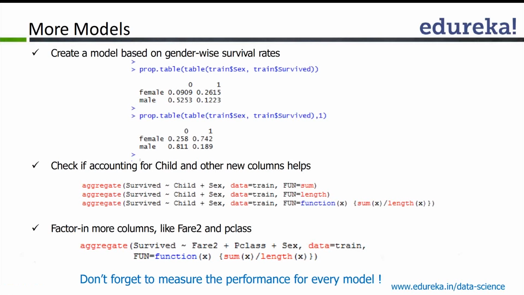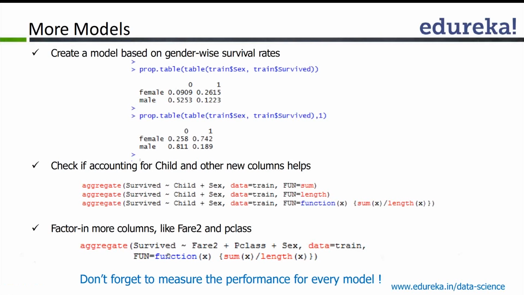It's not really a mathematical model that we are building. Simply by seeing whether a person is a child or not, we say he survived or not. And simply by looking at their fare class, we say that person survived or not. That's also a classifier model. It just does not depend on any underlying mathematical model.